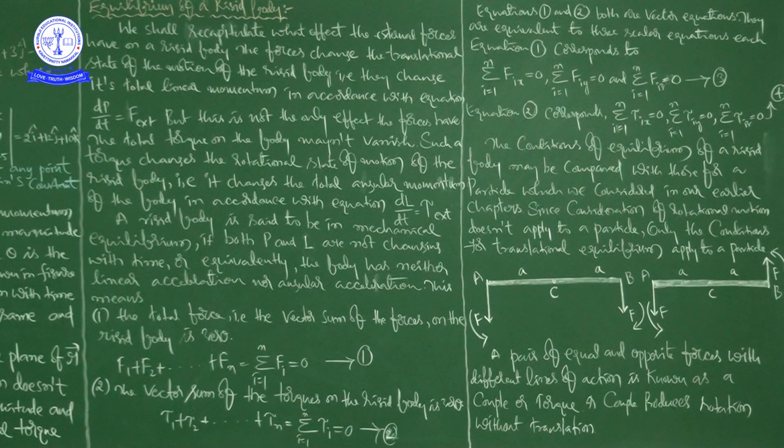That is, it changes the total angular momentum of the body in accordance with this equation: dL by dt is equal to tau external.